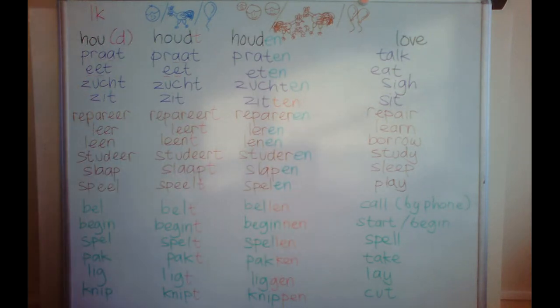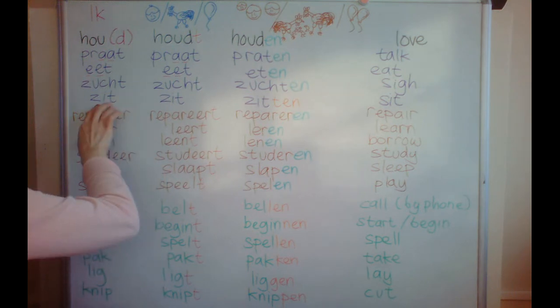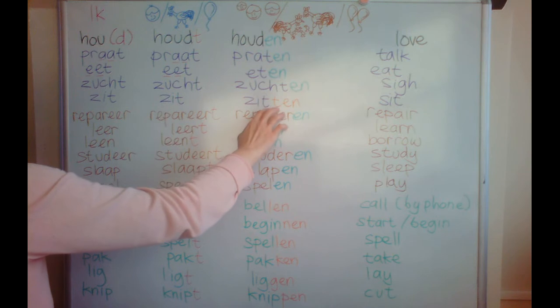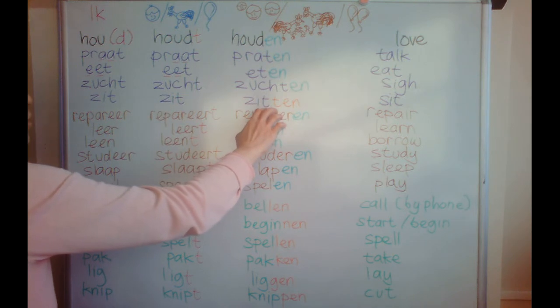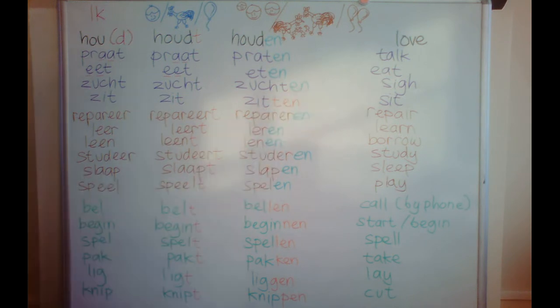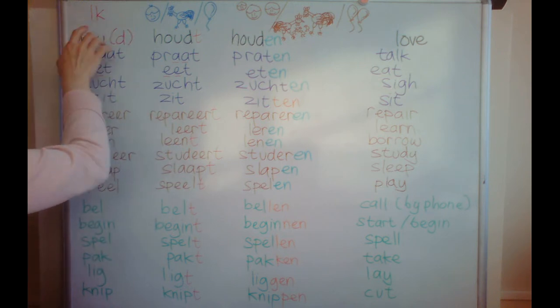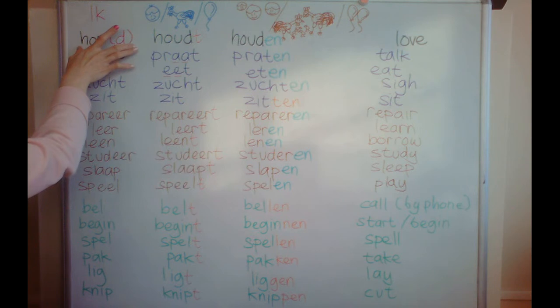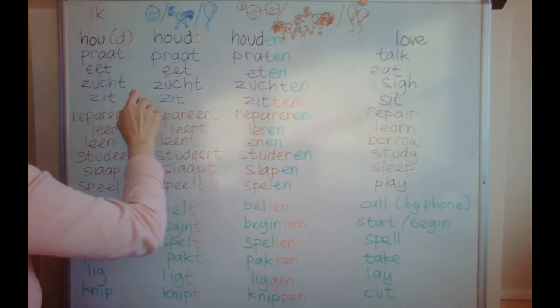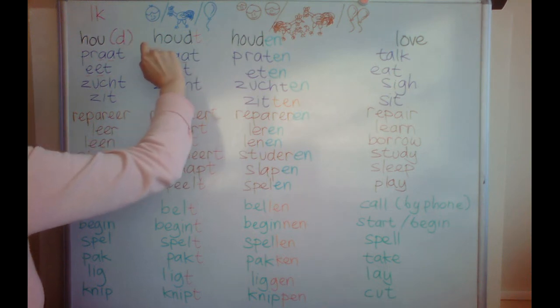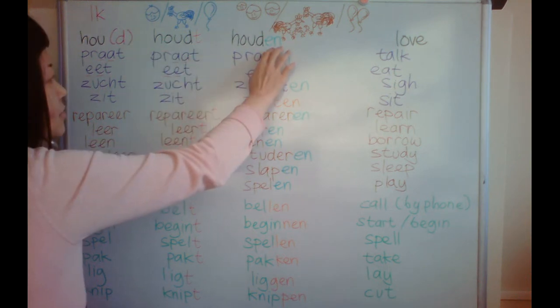With this one, this is stay. This one doubles the consonant, and then we put en. As we can see here, the original formation is for ik, and for subject that consists of one, you just put t at the end, and for subject of more than one, you put en.